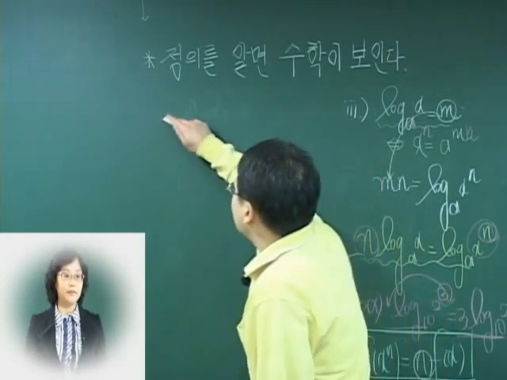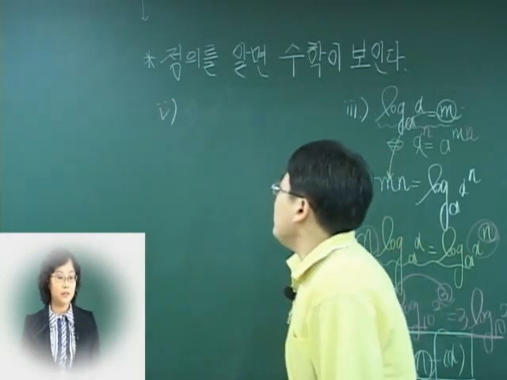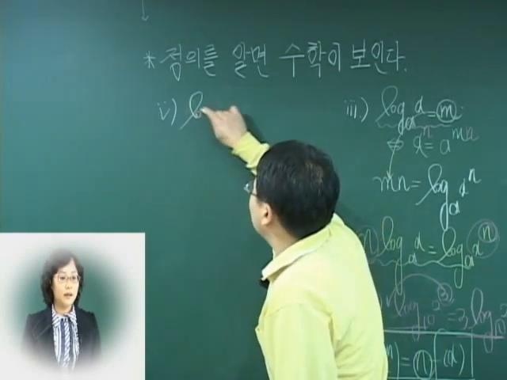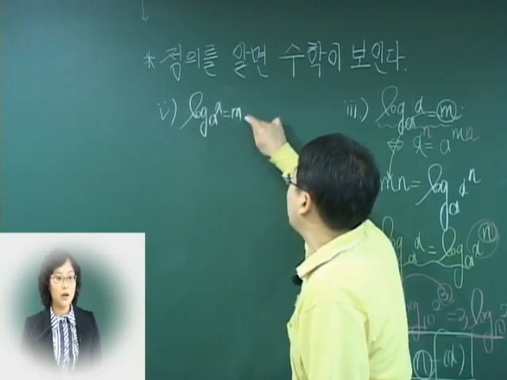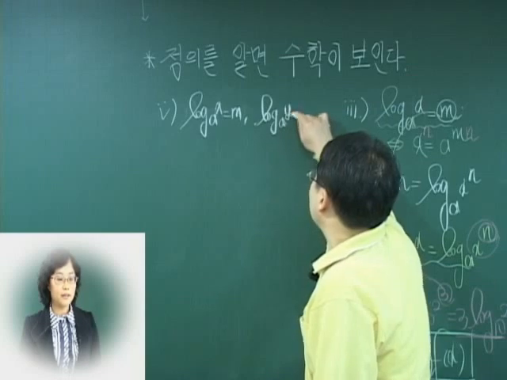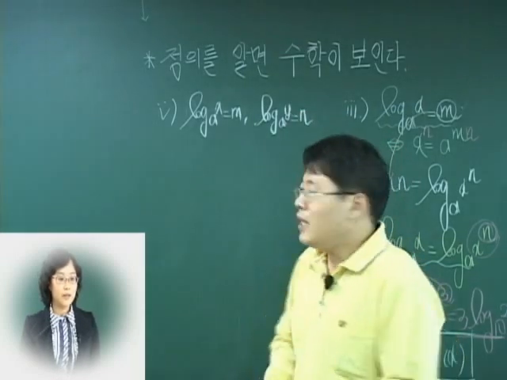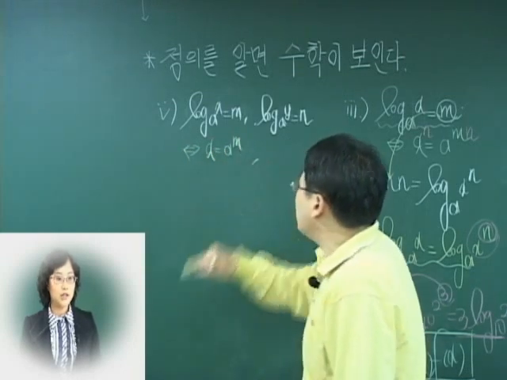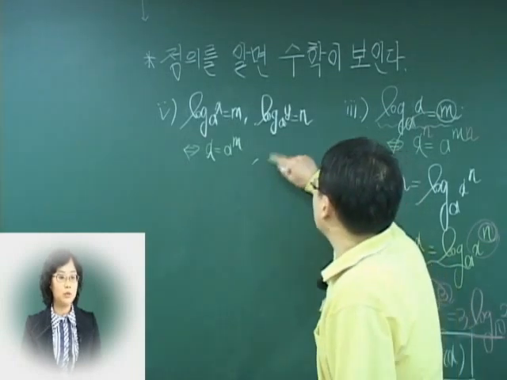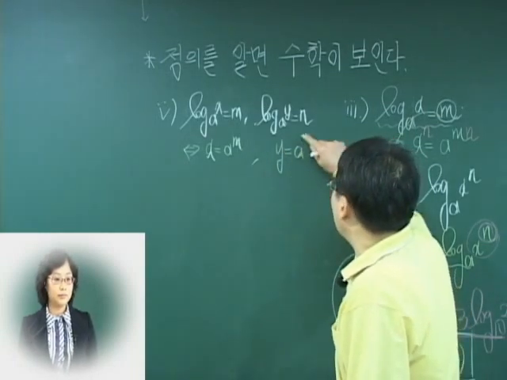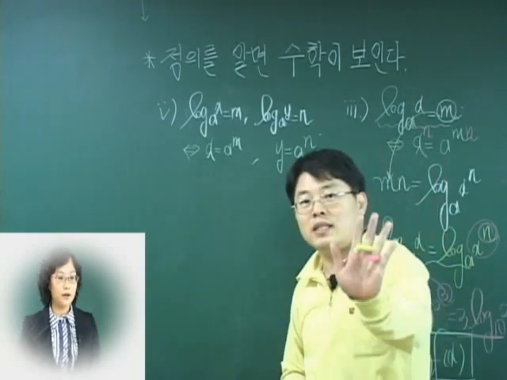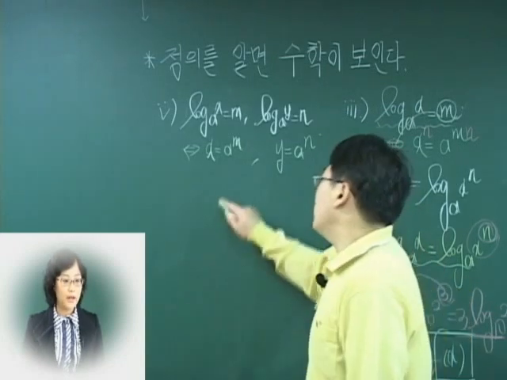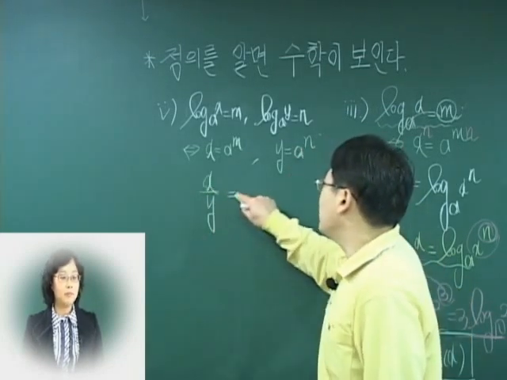Okay, the 5th one, the properties of log. Log base a of x equals m, and log base a of y equals n. Change into exponential form: x equals a to the m power, y equals a to the n power. Previously we multiplied. This time we have to divide. x over y equals a to the m minus n power.